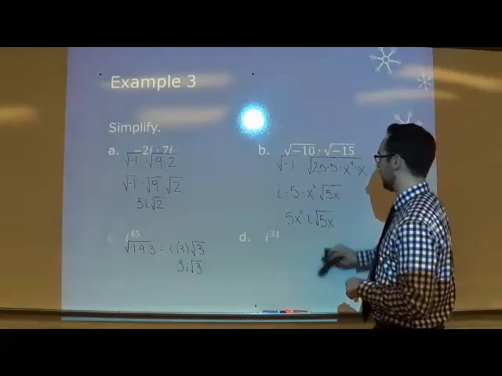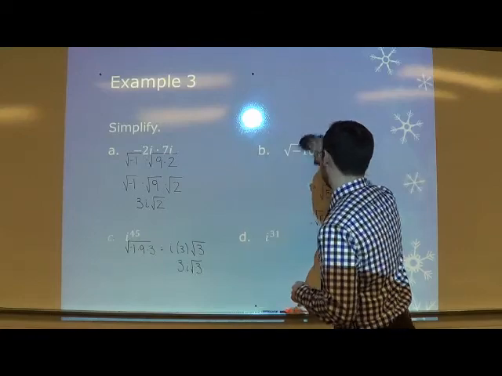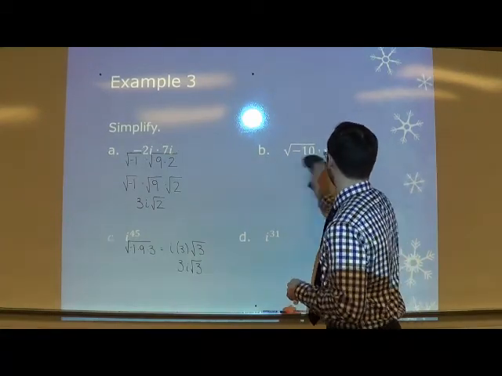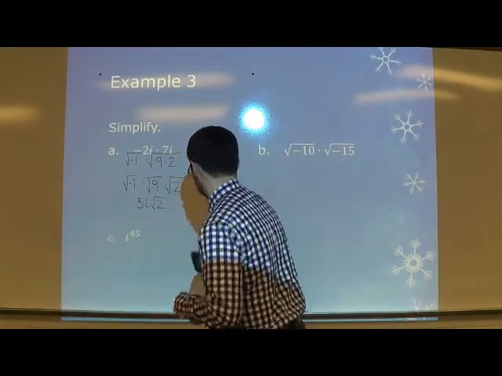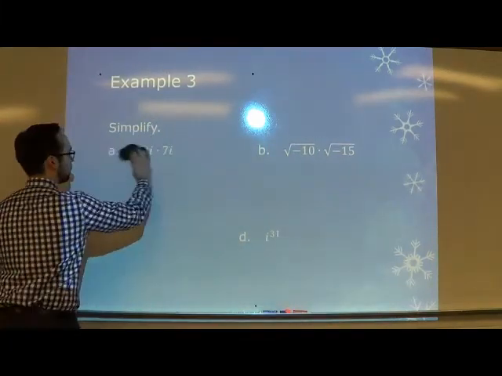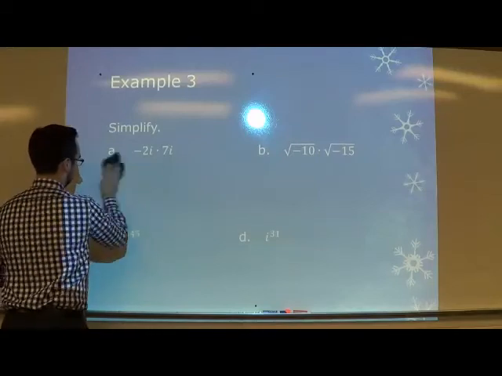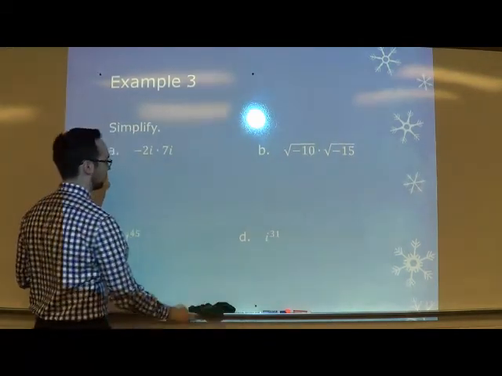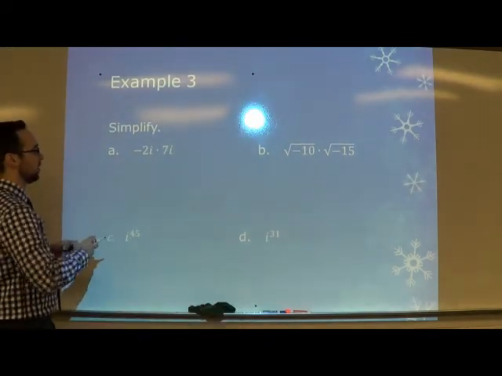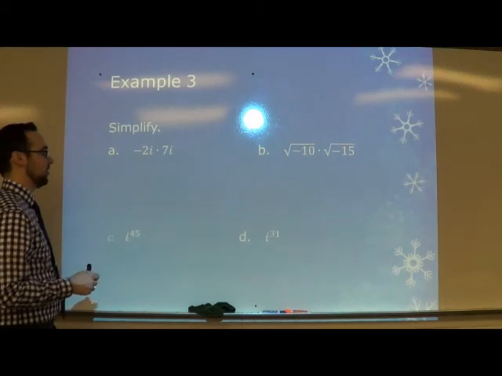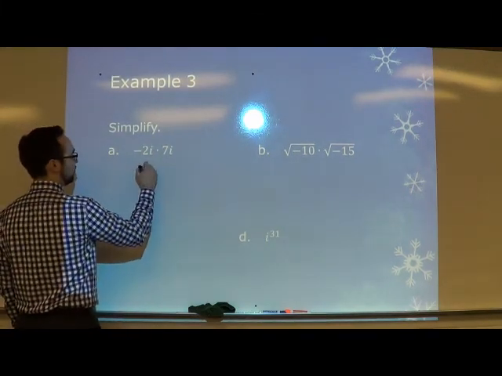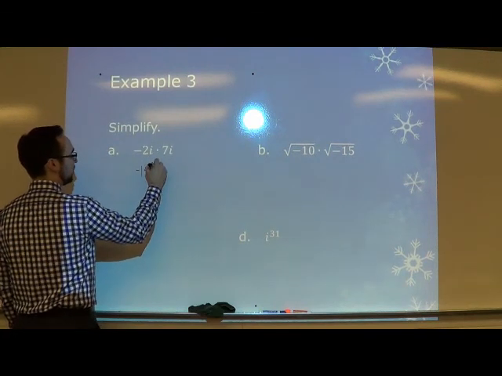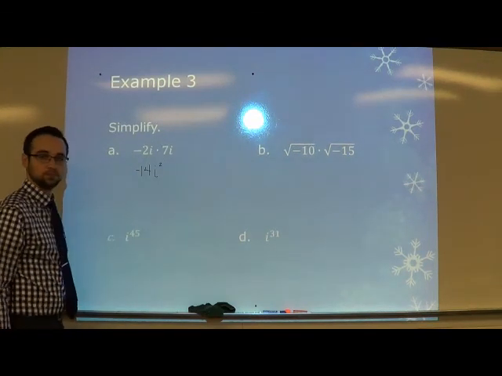Now, let's go backwards the other direction. If they give us things in terms of i, they want us to simplify them. So if I have negative 2i times 7i, it's just like variables. Negative 2 times 7 is negative 14. i times i is i squared.